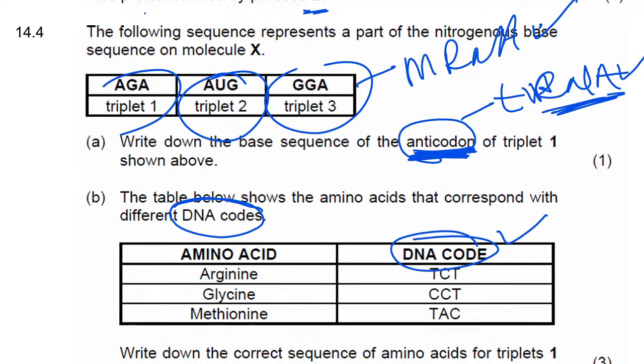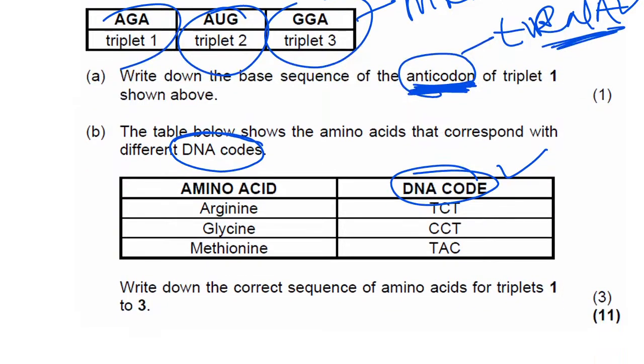What do they want? Write down the correct sequence of amino acids for triplet number 1 to number 3.